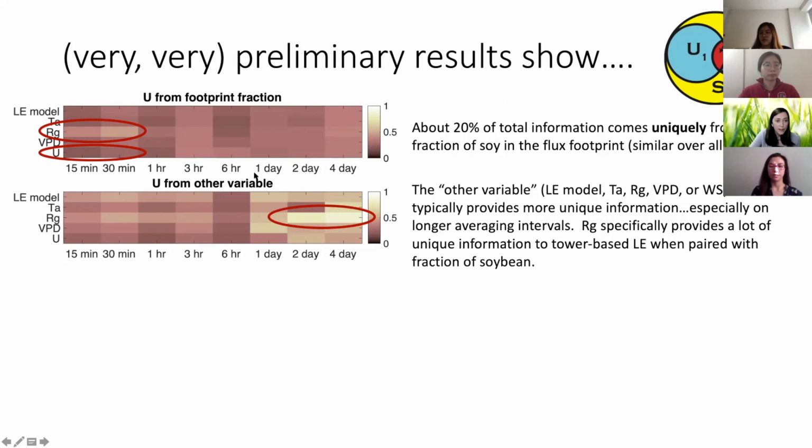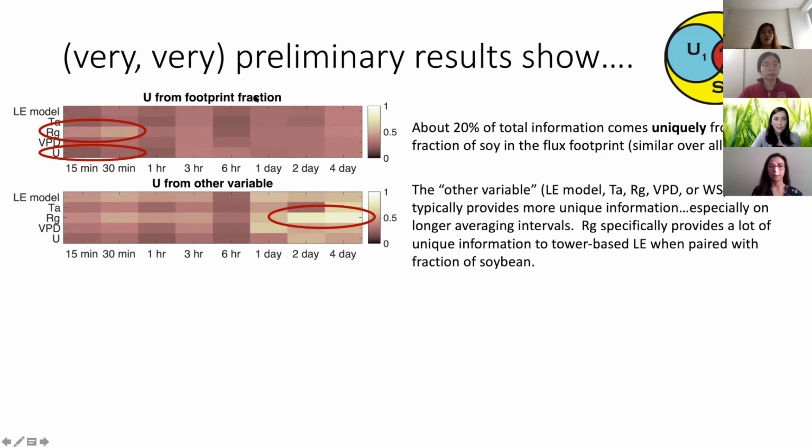And along the x-axis, I'm looking at my different time scales. So here's the original 15-minute data, and here I've averaged it all the way to get a four-day product, basically. So if you look at this as a whole, on average, we see that about 20% of the total information comes uniquely from the fraction of soy in the flux footprint, and this is pretty similar over all timescales.